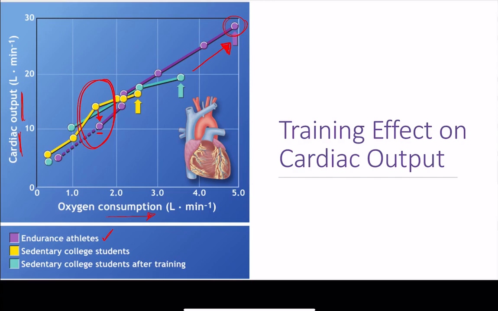So the reason an endurance athlete at sub-max intensities can actually have a lower cardiac output than someone who is untrained is because they are improving their peripheral use of oxygen. So the decreased output is really matched by the increased oxygen extraction that's happening at the muscle.